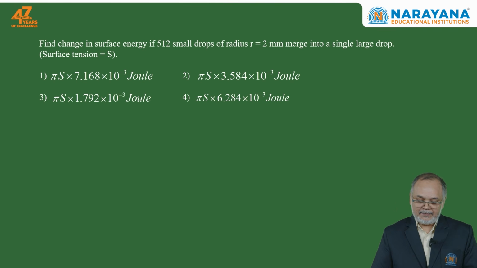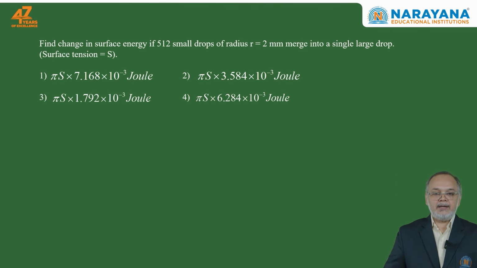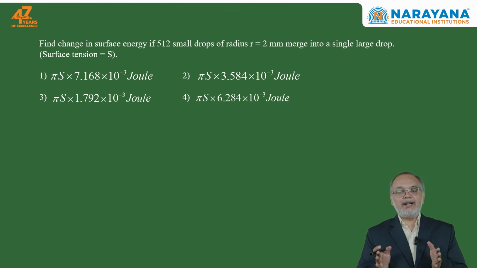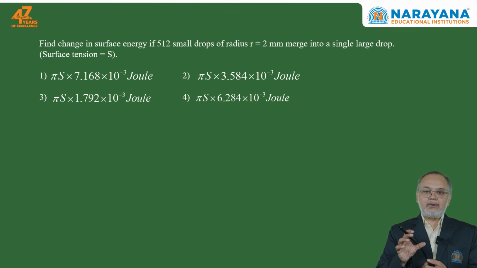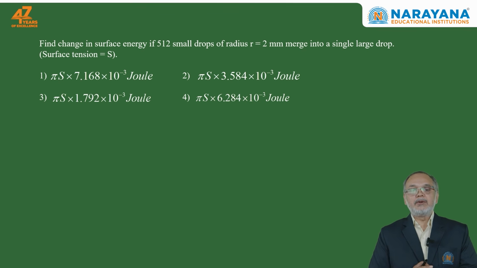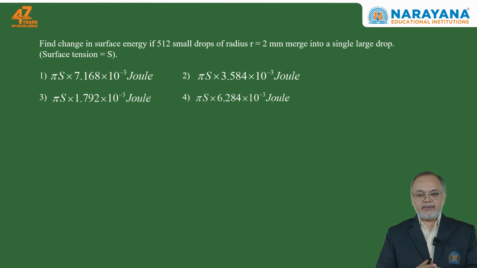The next question we have is from the surface tension chapter. Find change in surface energy if 512 small drops of radius r equal to 2 millimeter merge into a single large drop, surface tension S. So here, if we combine the drops, then the radius of the large drop we can calculate with the help of volume conservation.